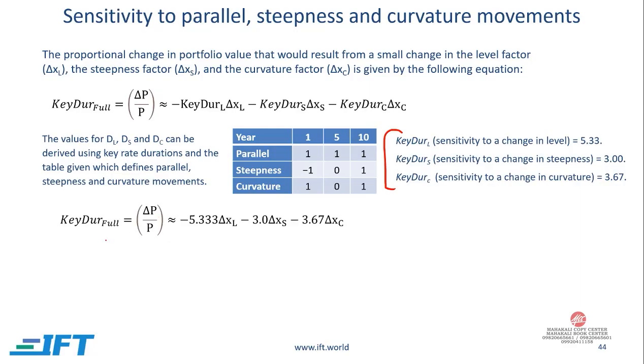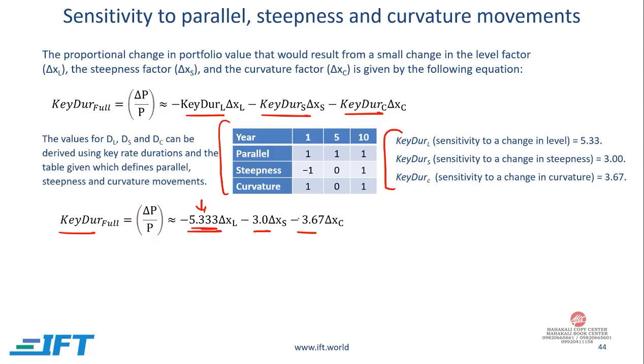We can now put this in a formula, and this formula is basically what we have here, but instead of key duration for level, we've actually put in the number. So for our portfolio, and given these definitions of parallel change, steepness change, and curvature change, we have 5.33 for key duration level. Then for key duration for steepness, we have 3, and key duration for curvature we have 3.67.